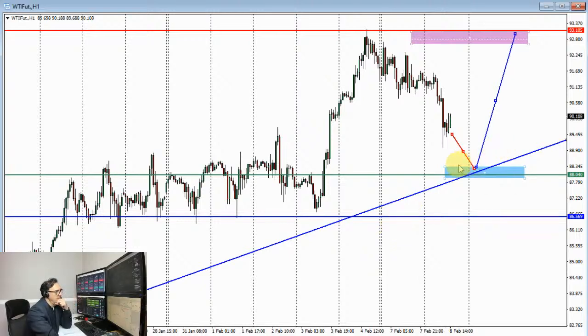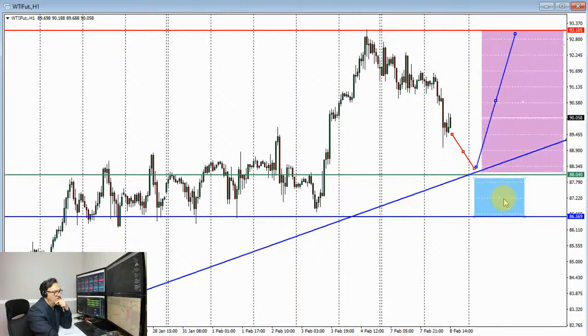This would be the risk for me. If I see a pullback and a reversal and I get filled there, I would likely be looking to take profit towards these swing highs at 93. So from a risk to reward point of view, this could be up to 500 points of potential gain for the risk taken.